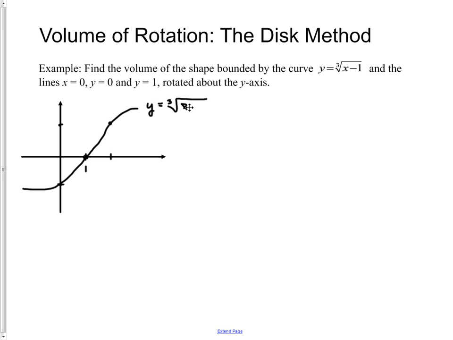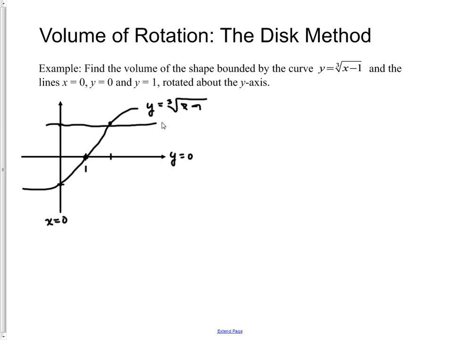All right, so now I want to find the area that's bounded by that curve, the line x equals 0, well, the line x equals 0 is the y-axis, the line y equals 0, and the line y equals 0 is the x-axis, and the line y equals 1.